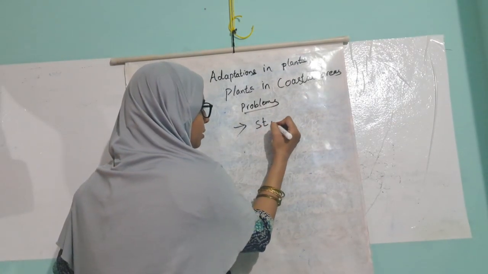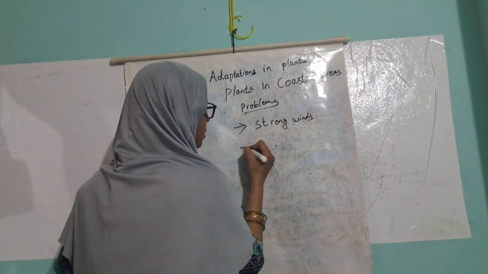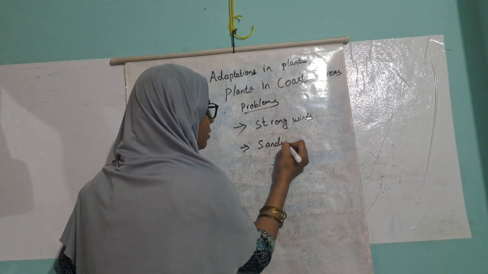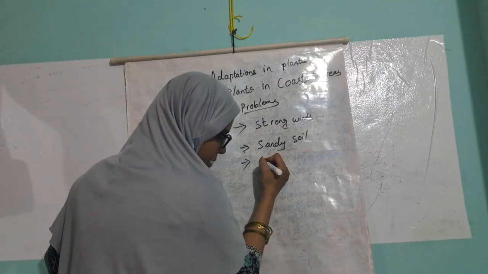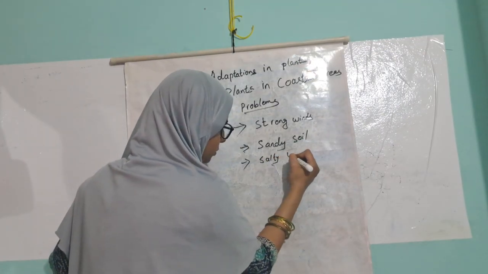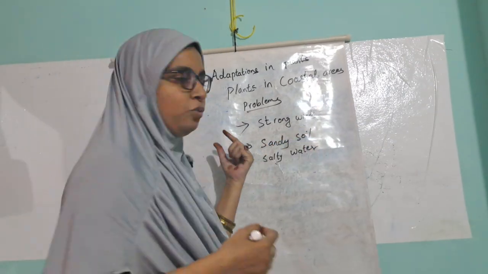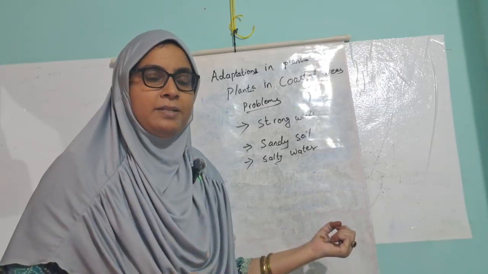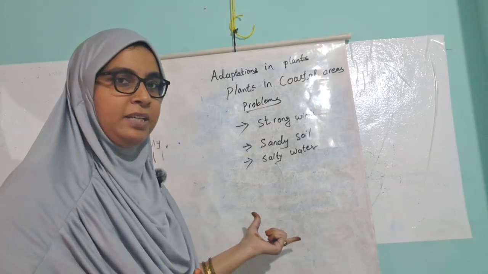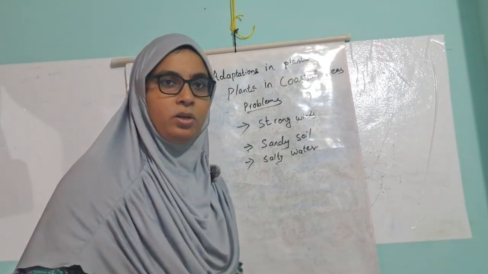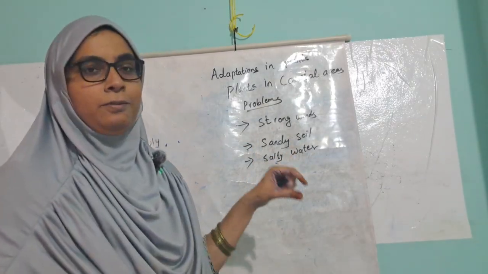Strong winds, sandy soil, salty water. So in the coastal areas, what are the problems that plants face? They have strong winds, the soil is very sandy and they have salty water. So these are the problems we see in the coastal areas.